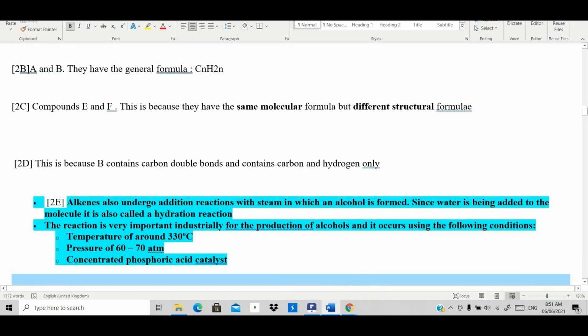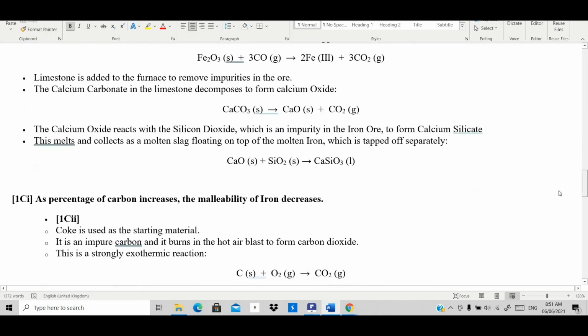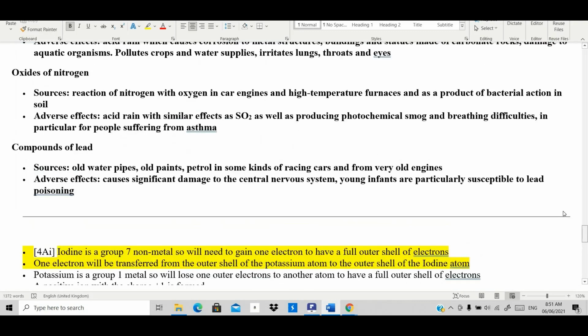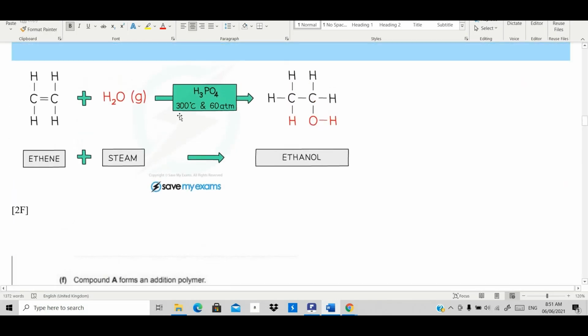Actually I wrote the structural formula here, but I need to convert this into the molecular formula.